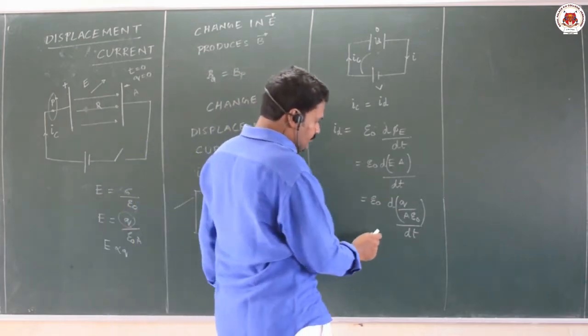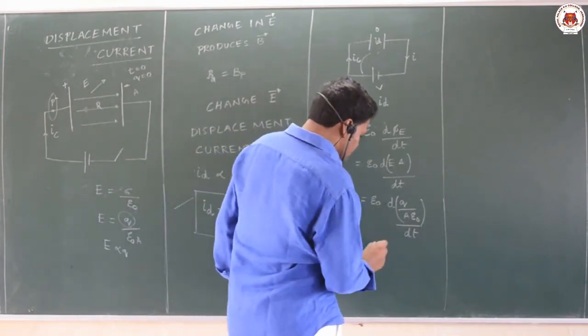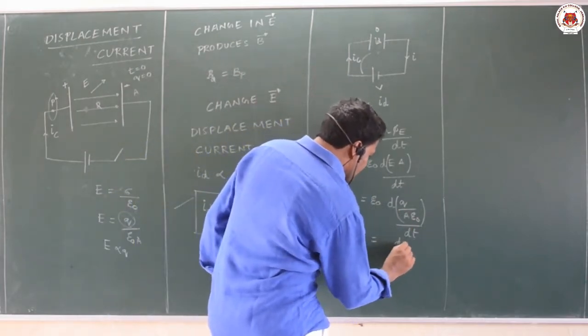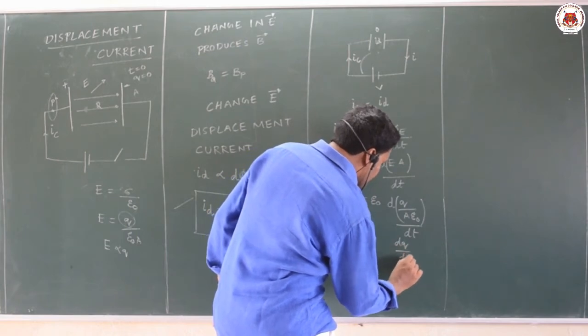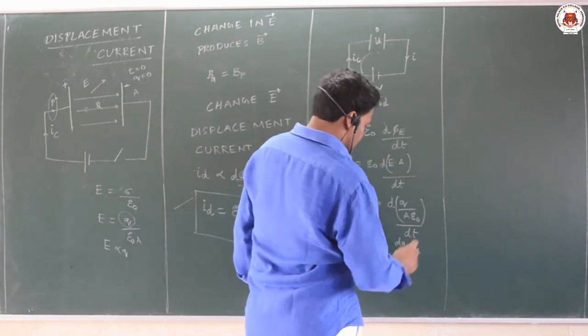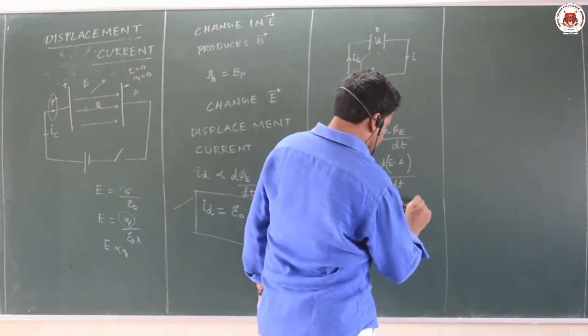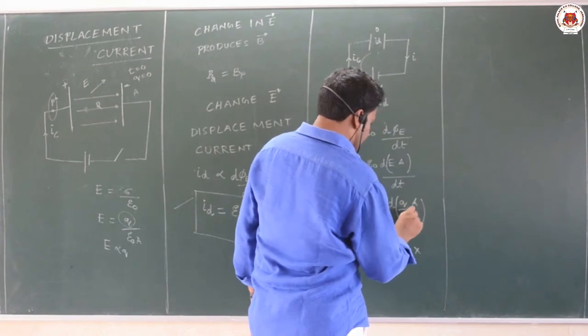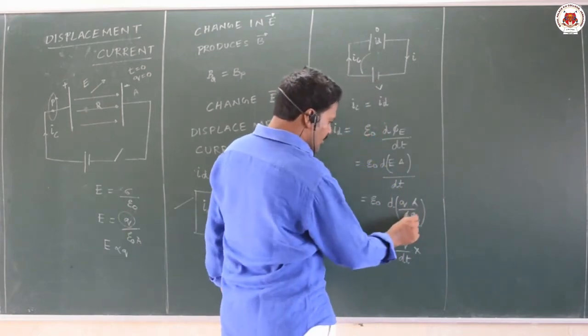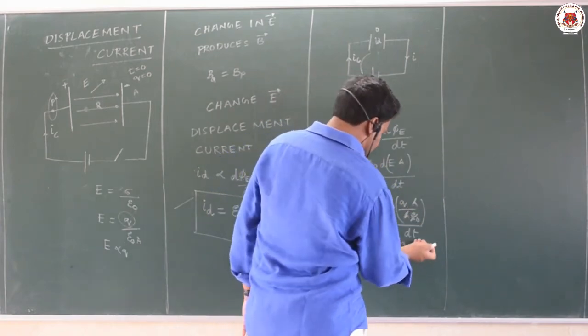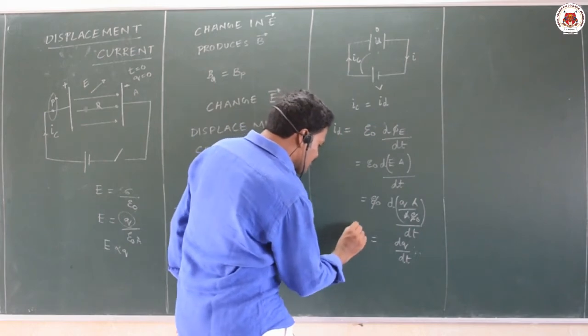Now here the only thing which is varying is charge, so dq by dt. Here A is there, this A and A will get cancelled, epsilon naught will get cancelled, and you will get dq by dt. This is the displacement current.